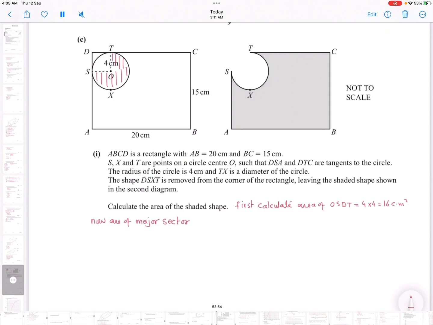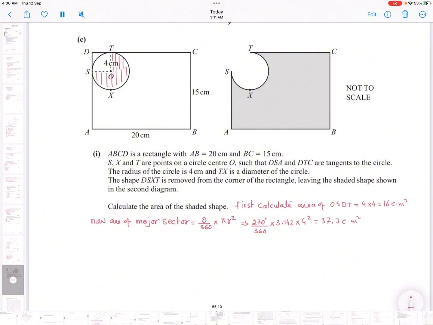So SOT is 90 degrees. So the angle in the major sector will be 360 minus 90, that is 270 degrees. So the formula is theta over 360 into pi r square. So theta is 270 over 360 into this.